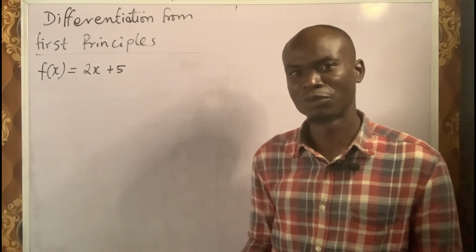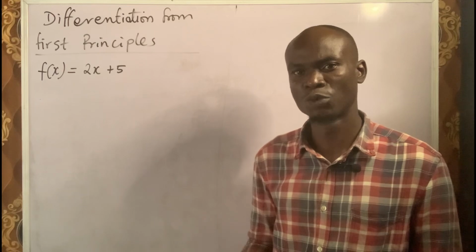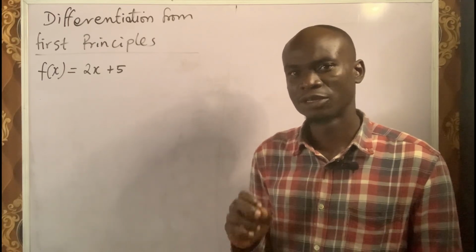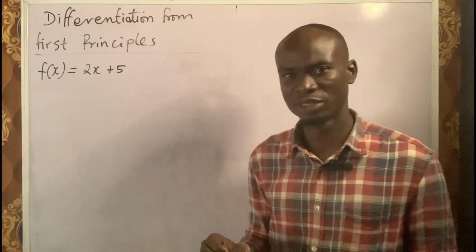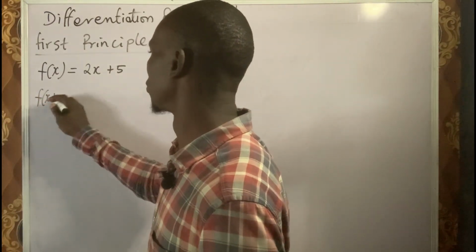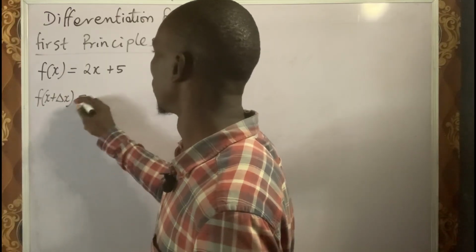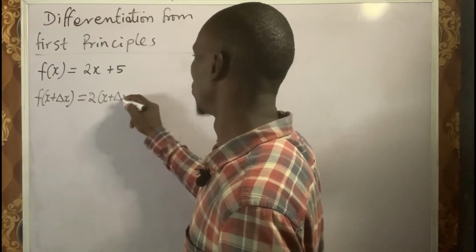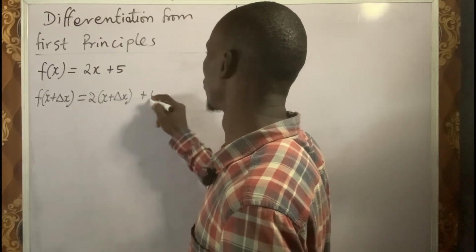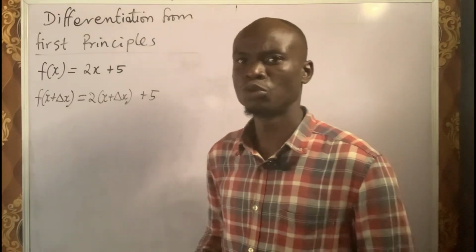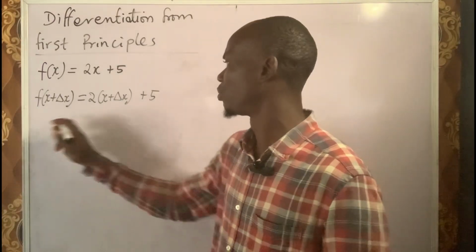From what we explained in the previous example, the second step says anywhere you see x, replace it with x plus change in x. So I'm seeing x here, it becomes x plus change in x. I'm seeing x here, it becomes 2 times x plus change in x. There is no x here, so that guy remains alone. That's what it means. So you move quickly to the next step.